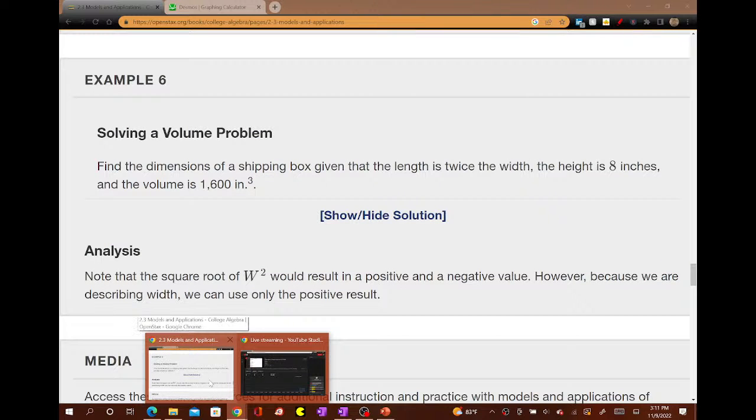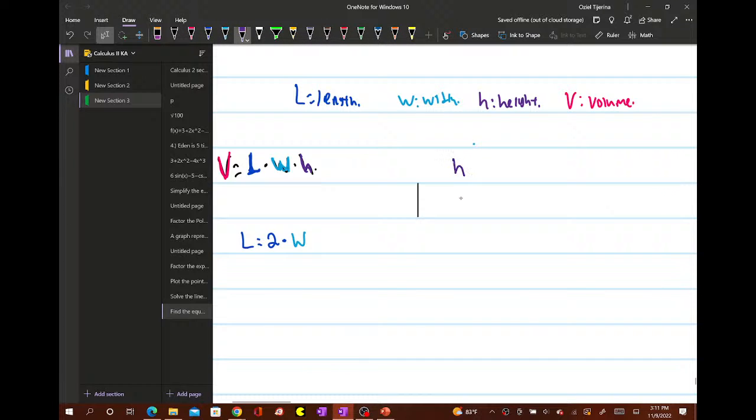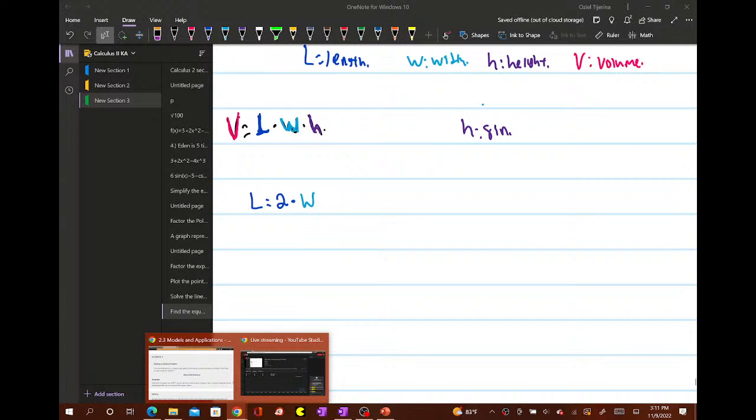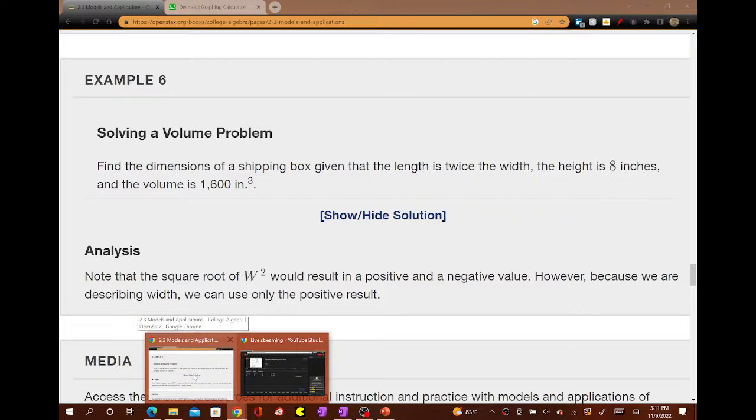And then it says the height is 8 inches. They actually give us the height. So the height is 8 inches, right? And then they say that the volume is 16 inches cubed. And then they say to find the other dimensions.